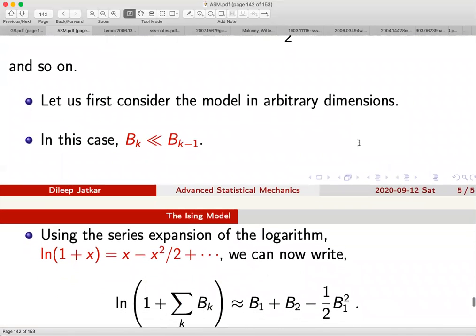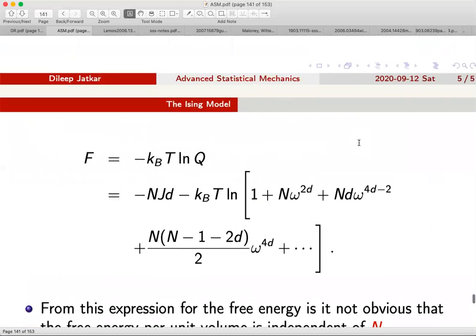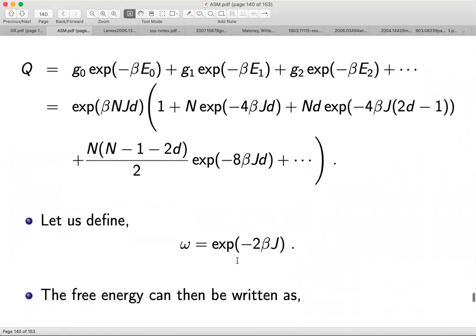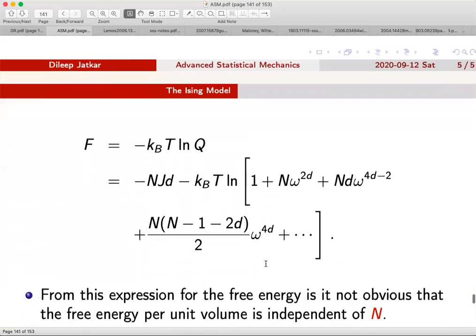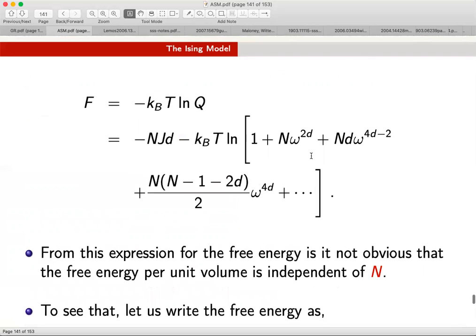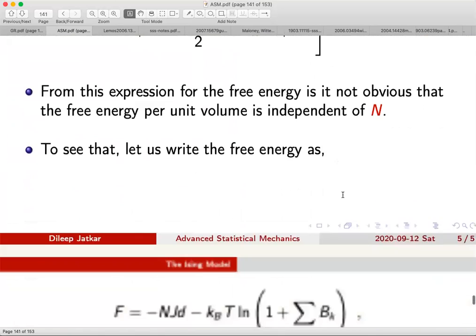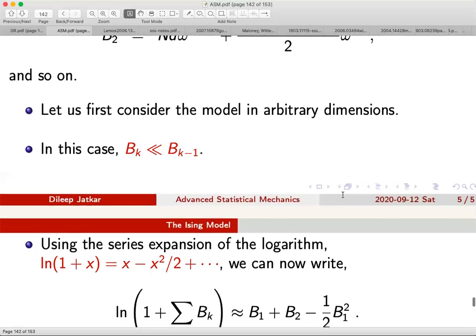Now this particular thing makes a lot of sense simply because our omega is defined this way, and we are doing a low temperature expansion. Low temperature expansion means beta goes to infinity. So if you have e to the minus very large quantity, then omega is a very small number. In that case, all these quantities can be treated as very small compared to 1, and you can actually do this expansion.